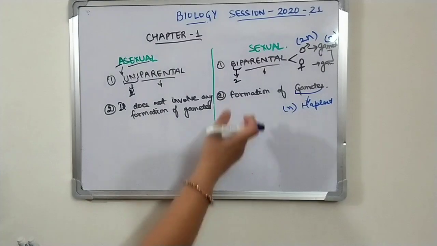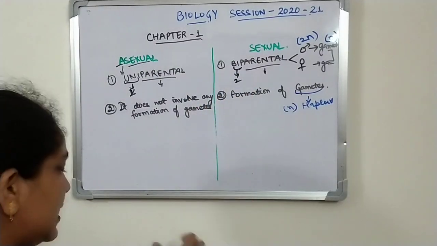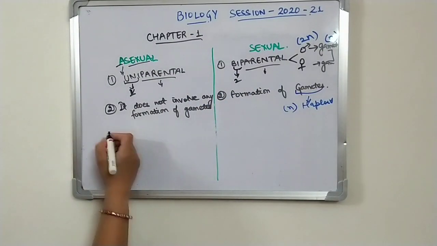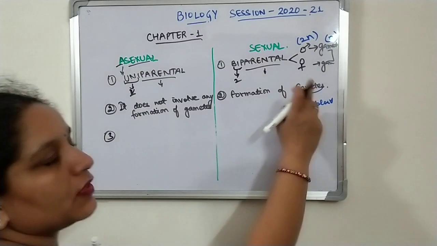Now based on the second, the third difference arises: in sexual reproduction, formation of gametes is involved.